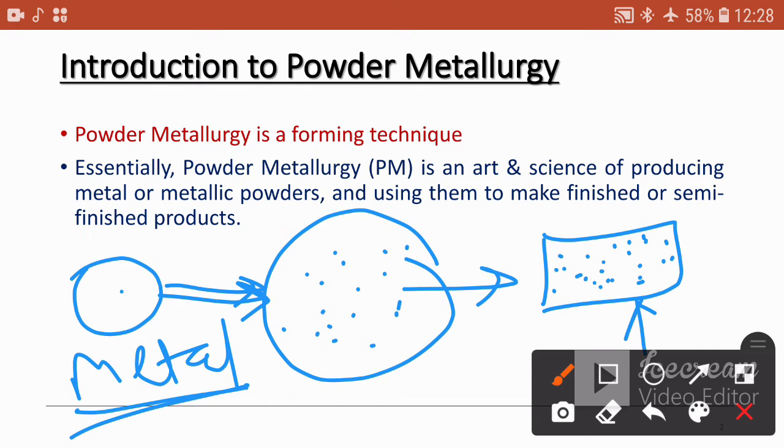So actually powder metallurgy is an art or science to create metallic powder and make a finished or semi-finished product using that metallic powder. By forming technique we will compress the metallic powder and we will add some additives or binders to create a product.